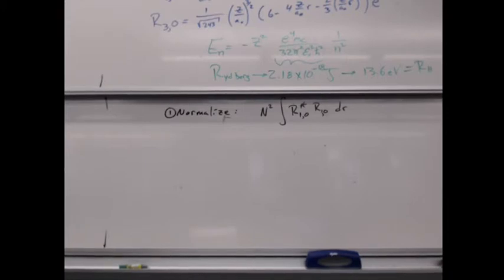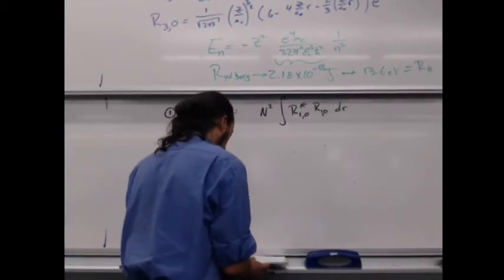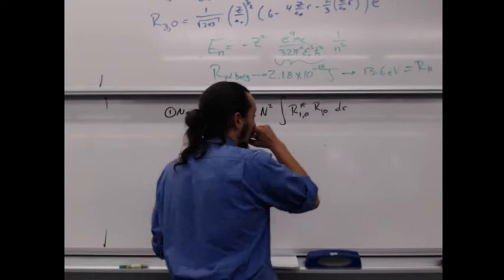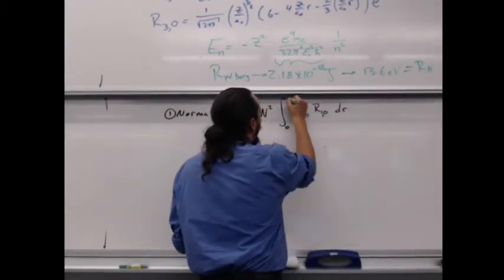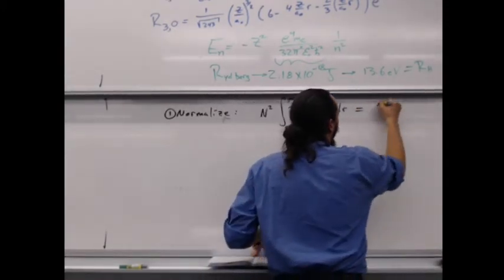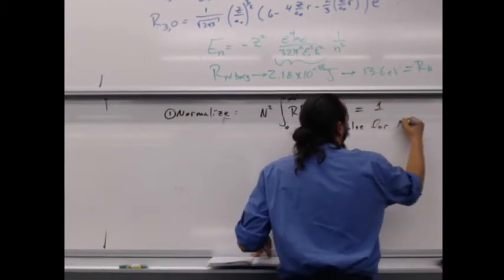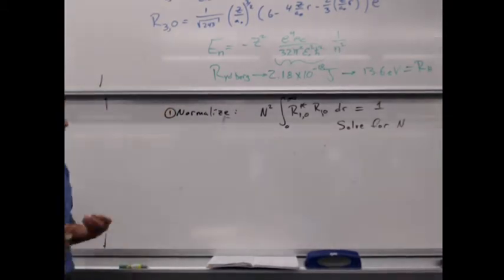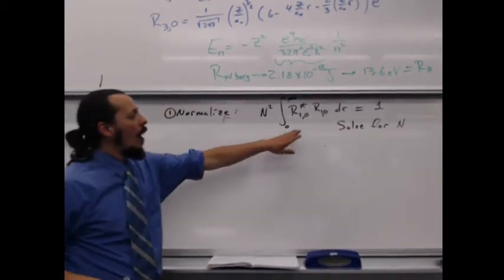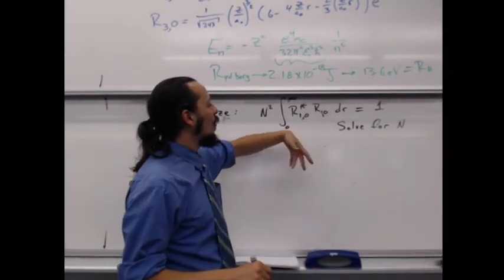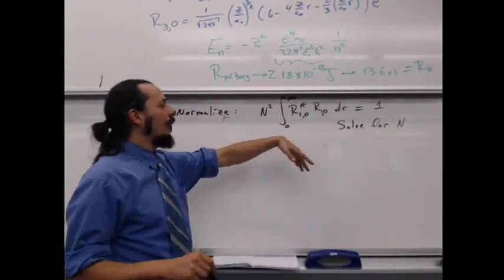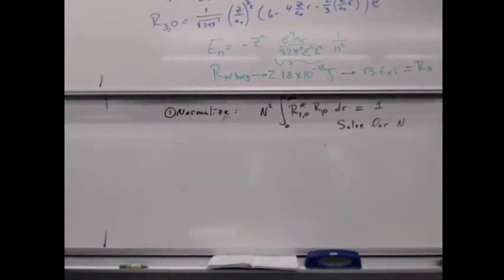I think it's just dr. Double checking, it is just dr. From 0 to infinity is equal to 1. Solve for n. I think that's already been done, but we can do this for R10, R20, R21, R30, R32. We could do it for all of the functions, over and over again.